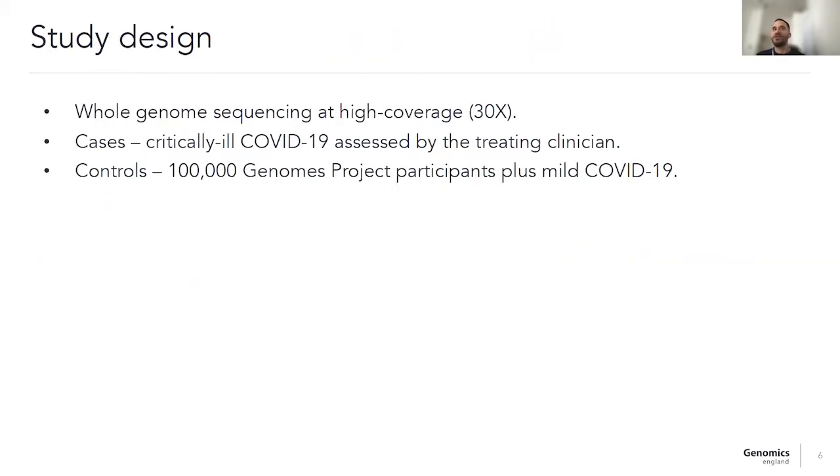So our study's design uses whole genome sequencing at high coverage of all of the participants. Our cases are critically ill individuals with COVID-19 as assessed by the treating clinician, and the controls are from the 100,000 Genomes Project participants that Genomics England has sequenced previously, and also some participants, a small minority, that were recruited particularly for this study, and they have confirmed mild COVID-19, so they experienced only mild symptoms.